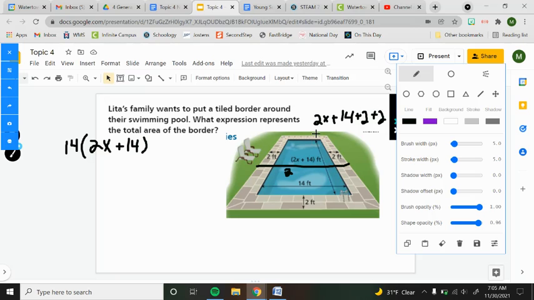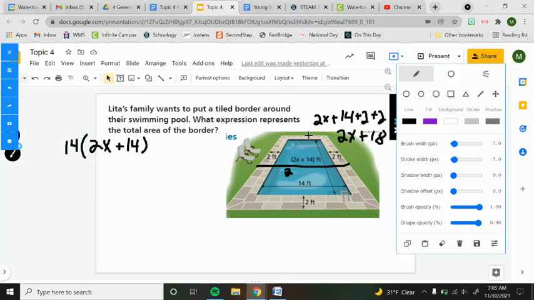Okay, because I'm taking into account this part of the border and this part of the border. So that could simplify if you combine your like terms to 2x plus 18. Okay. All right, so I've got 2x plus 18, and I'm going to multiply because I need to find the area of this whole thing.